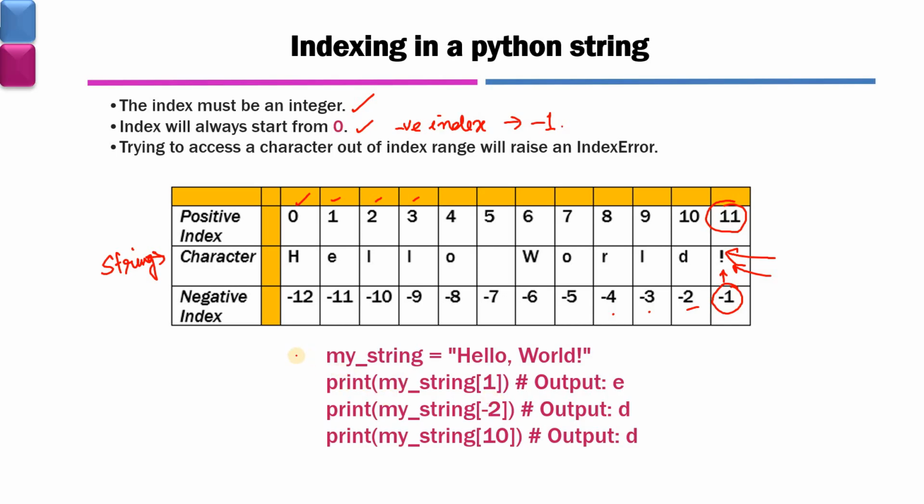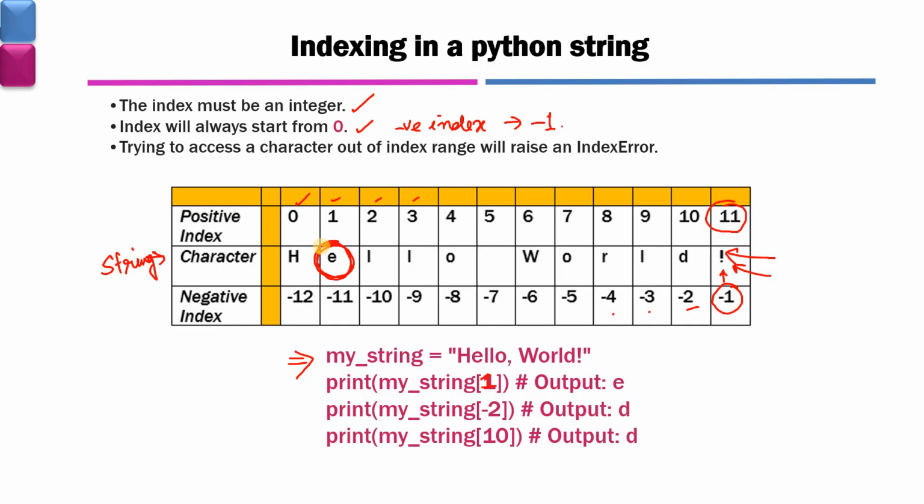Suppose I have created a string, my string equal to hello world. Now I want to get the 1st character of this string. So I will write print my string 1. Now as I told you, it will start from 0. So my string 1 will give you E, right? So this E will be my string 1.